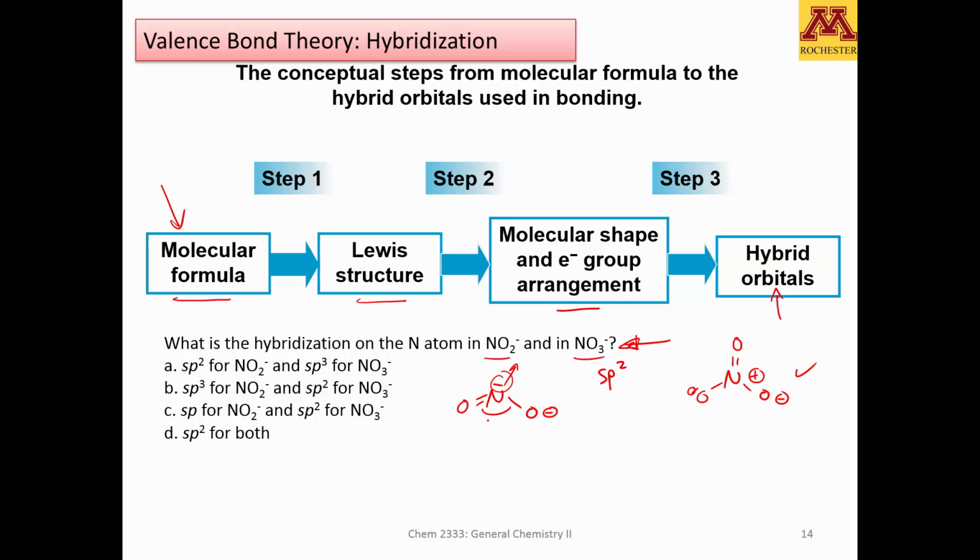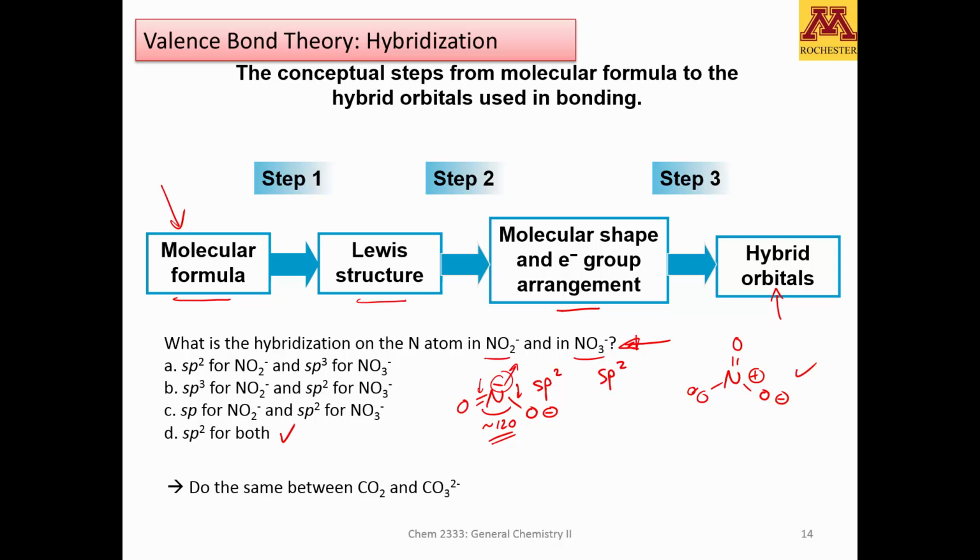So this will be around 120, if you remember from the first semester, because this lone pair is actually fairly large. It may be a little closer, but wait a minute, this is a double bond, so in any case it will be around 120. This means that there have to be 3 atomic orbitals involved in the hybridization, therefore nitrogen is also an sp2. So the right answer is sp2 for both.